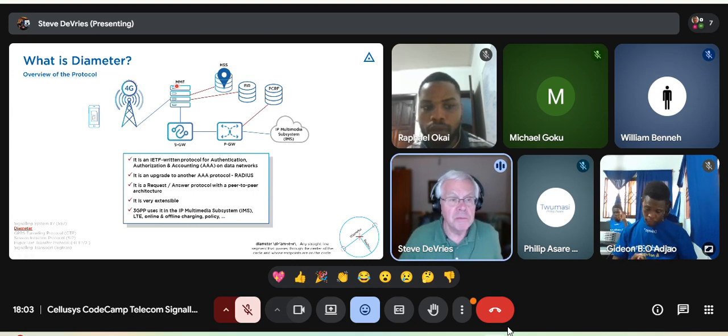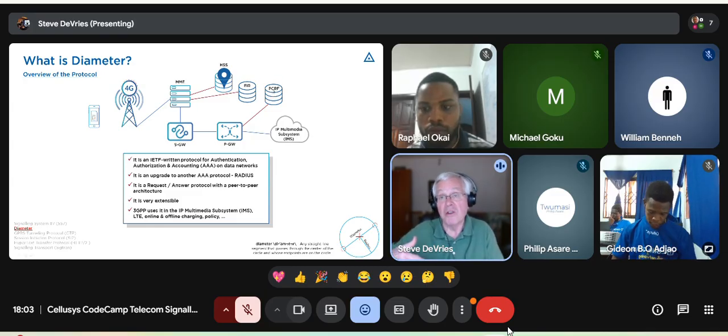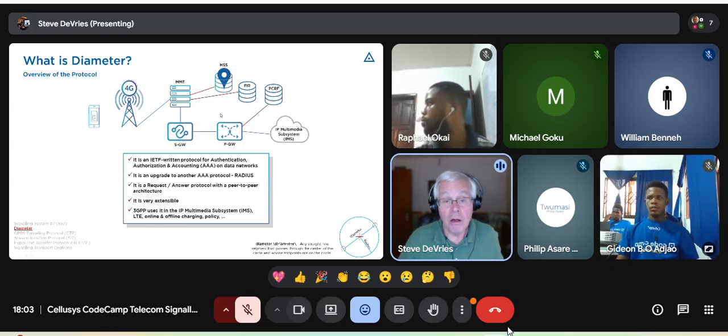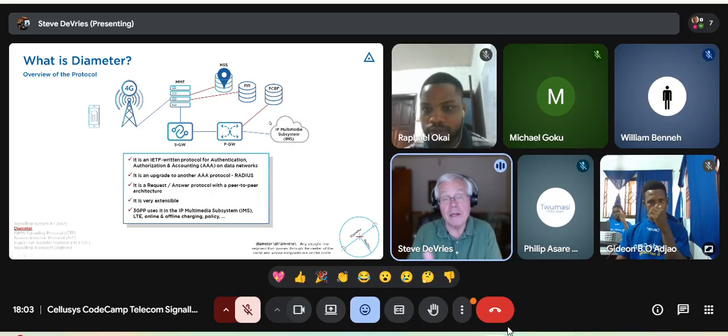The communication between this device and the home subscriber server, which is like the HLR, the equipment identity register, and conveying policies where you can apply different quality of service, different guaranteed bit rates depending on your data stream. Those are called policies. All of these things use diameter. So instead of SS7 doing that, it's been replaced pretty much by diameter.